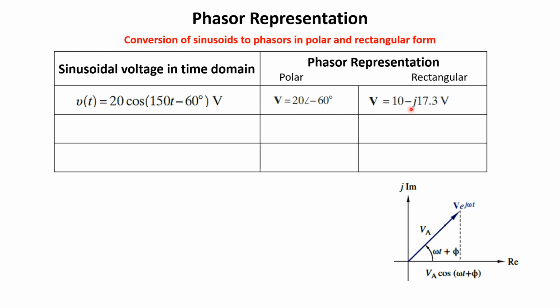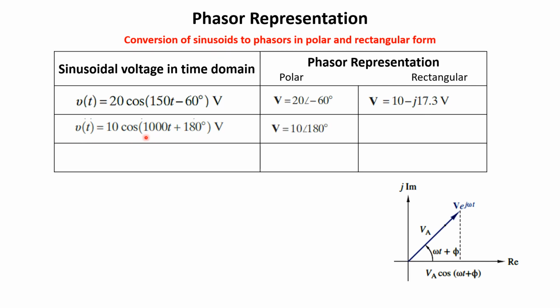And in rectangular representation, we expand it. It is 20 cosine of minus 60 plus j 20 sine of minus 60. So this is the rectangular form. Similarly, this is another voltage in the time domain.